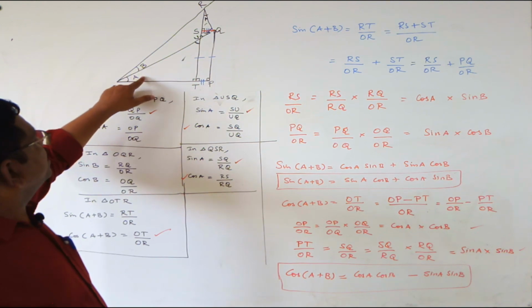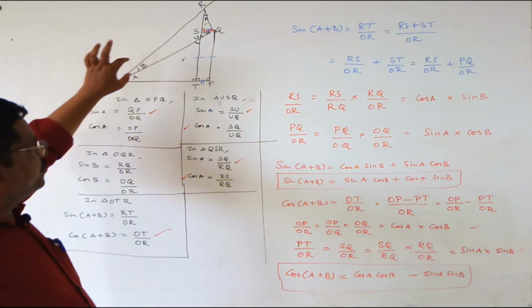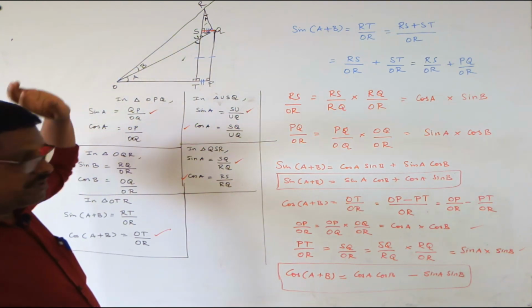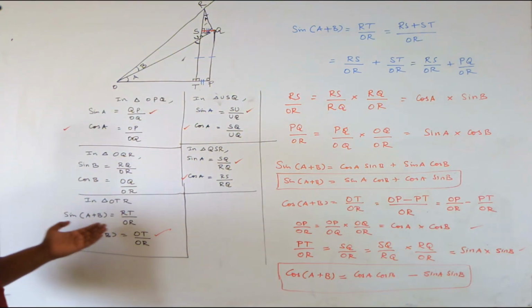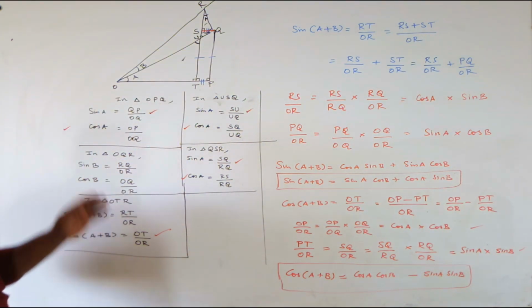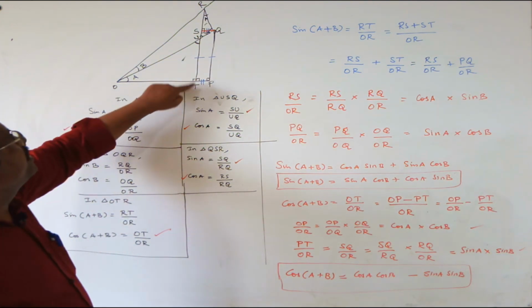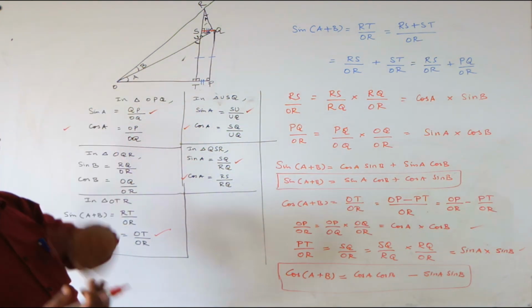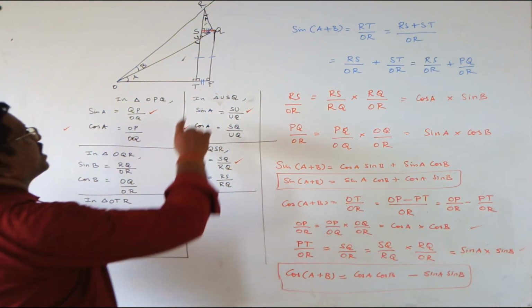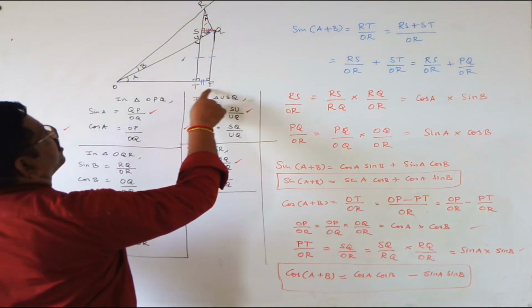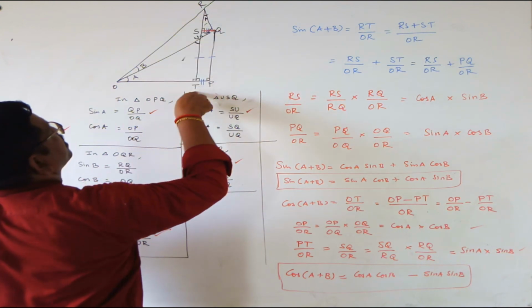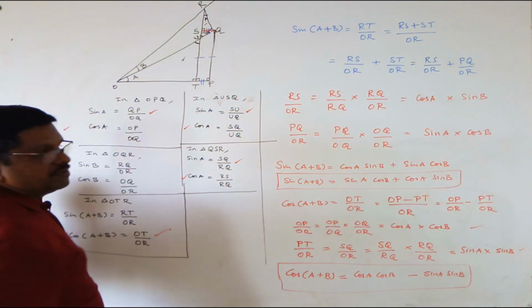Now we get the compound angle A plus B. To find compound angle A plus B, sin of A plus B or cos of A plus B or tan of A plus B, we are taking first the sin of A plus B value, cos of A plus B value with the help of the triangle OTR. Then for our convenience, we are drawing one line parallel to PT and perpendicular to RT, which is nothing but SQ.